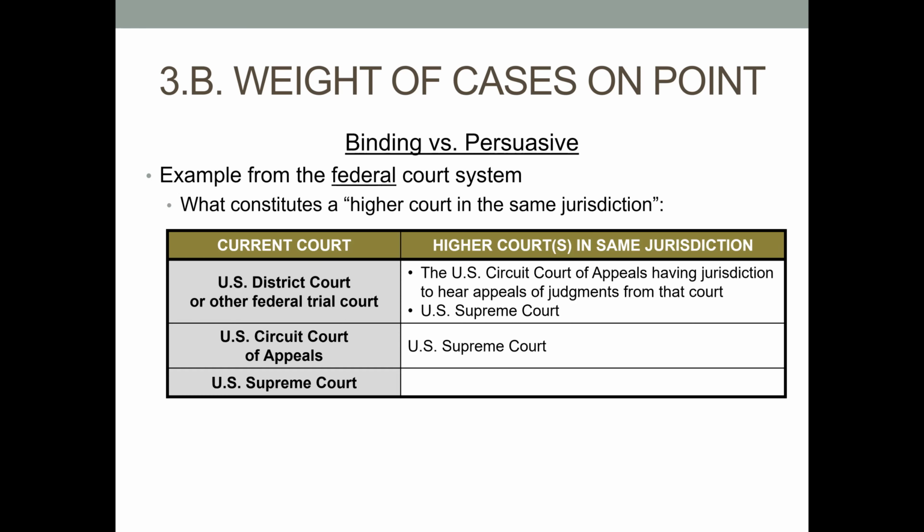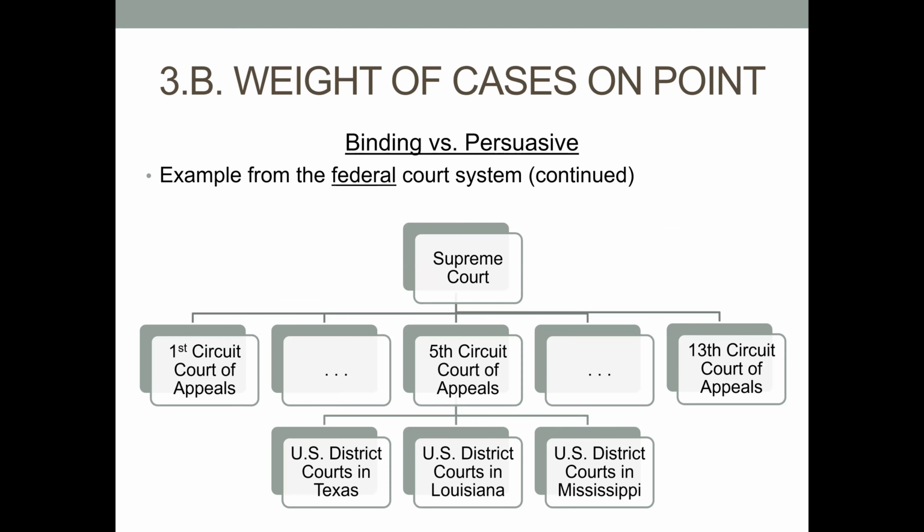And then finally, if you are in the U.S. Supreme Court, well, there is no higher court than the U.S. Supreme Court. So that makes it an easy decision about, are there any higher courts in the same jurisdiction? Nope. If you're in the U.S. Supreme Court, you're in the highest court in the jurisdiction. So let's look at a chart here of the federal court system.